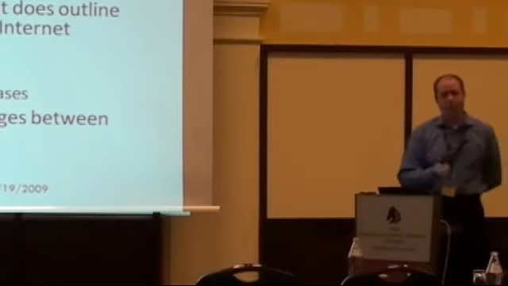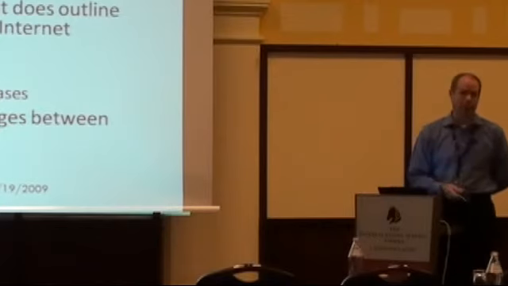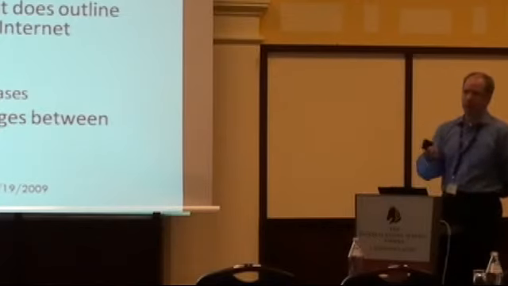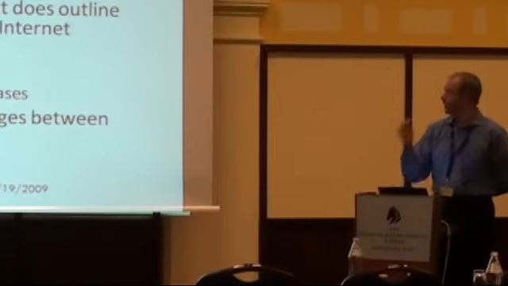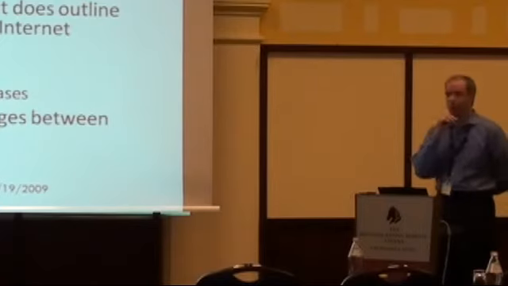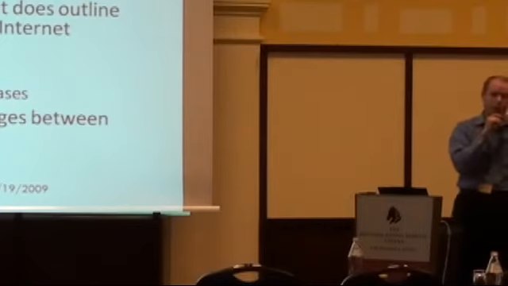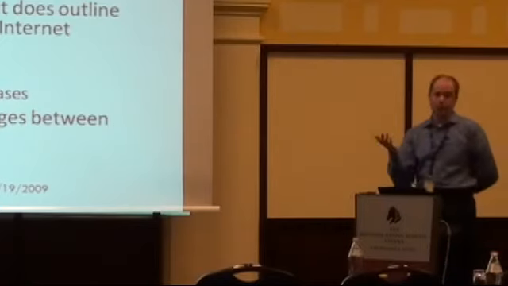So you've got a cell phone, it's got some sort of secret in it. When it was injected at a factory or whatever, you know what that secret is. You can send some other secret material to the device. I'll go through the protocol in a second here, but you can see how this might be useful to be able to provision new keys to a system that maybe didn't have the keys before.